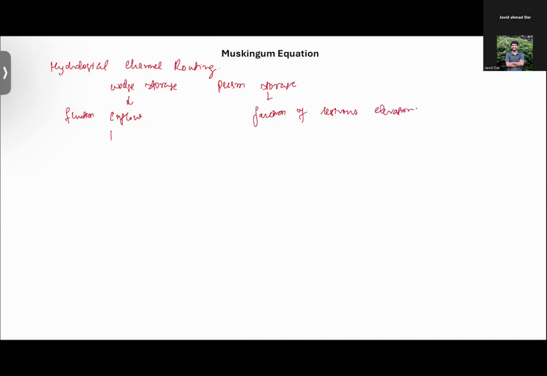So using this principle, you can get the storage equation, which is K times x I to the power n plus 1 minus x Q to the power n. K is called the storage time constant, x is a weightage factor, and n is a constant.